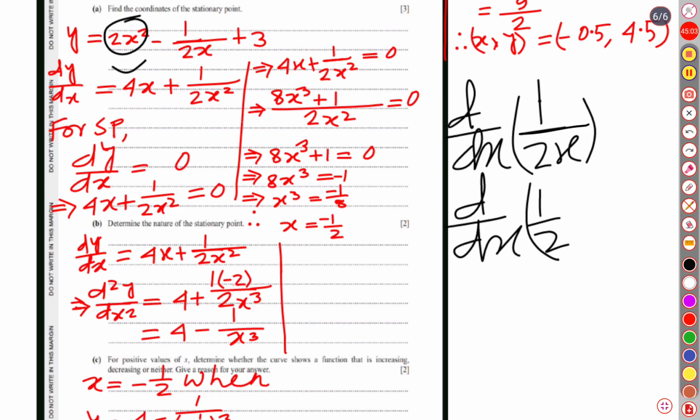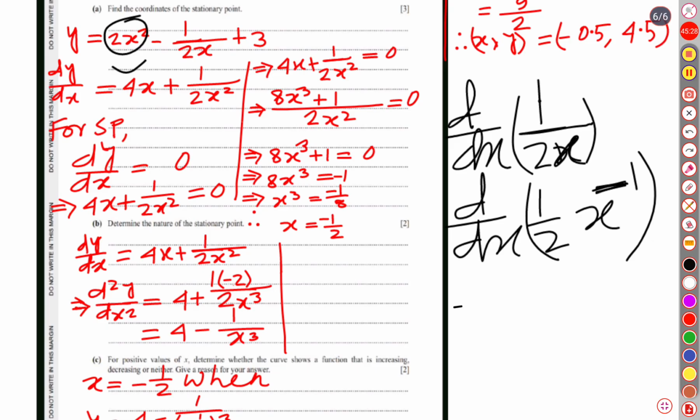X is the denominator, means the exponent is negative. We should not ignore the exponent, because in differentiation and integration, actually the role is played by the exponent. So here the exponent is negative, as x is denominator. The exponent of a denominator is always negative.